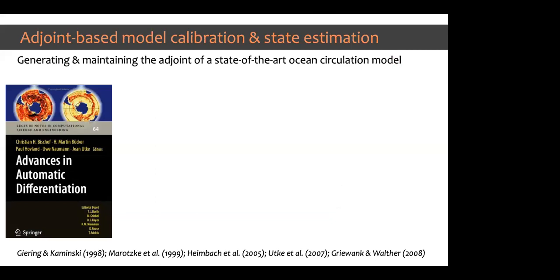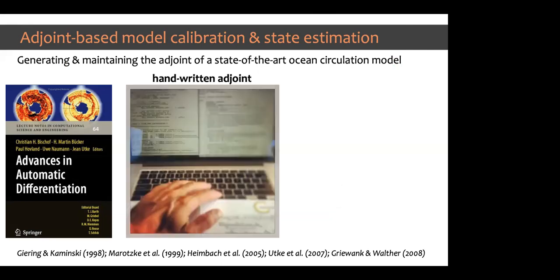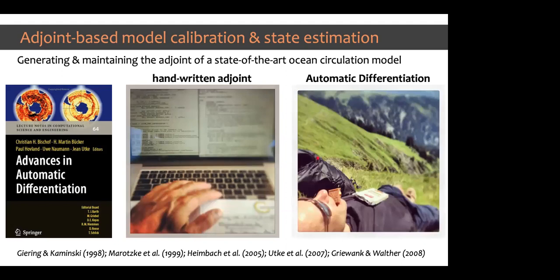And for this, we're using what's called automatic or algorithmic differentiation. It's a computational technique, again, something that I don't want to get into. Just to tell you that handwriting the adjoint model can be almost as cumbersome as writing the nonlinear forward model itself. If you can avoid this, that would be great. And so automatic differentiation presumably would do this all for you, and so you can relax.